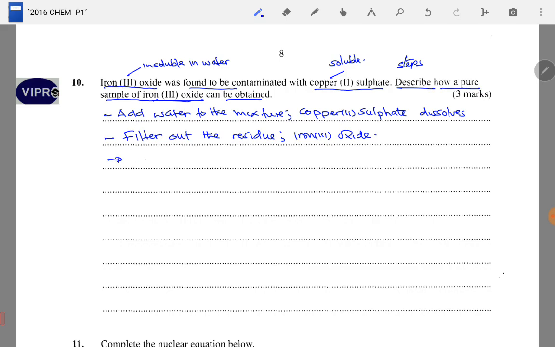Once you have the residue, you wash the residue with distilled water just to ensure that it is clean. And then the clean iron 3 oxide, the residue that you already have, you now dry between filter papers.